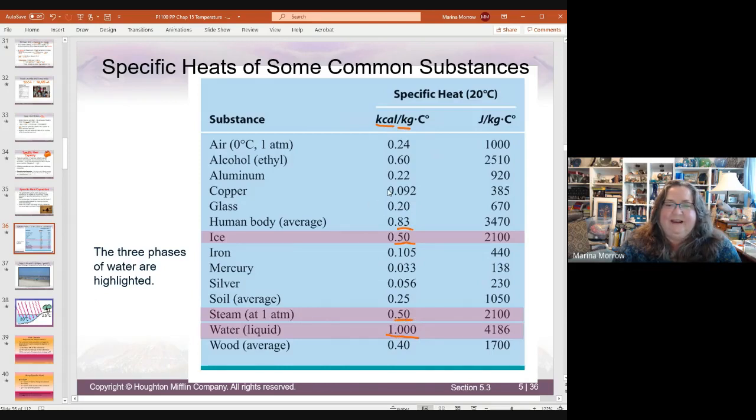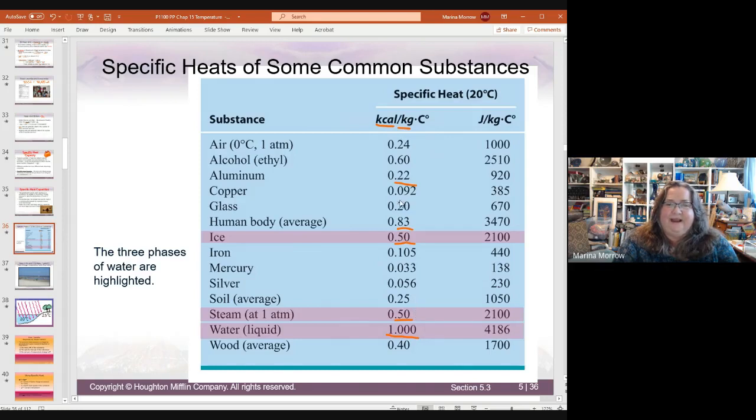Whereas something like aluminum is 0.22. It's 1/5. It takes 1/5 as much energy to raise the temperature of aluminum. So aluminum will heat up much faster than water. And in fact, everything on this table will heat up faster than water, right? Because they all have numbers that are lower than that of water.